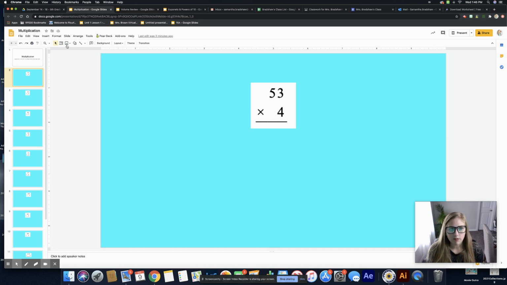When I'm solving these, the first thing that I want to do is pretend that this digit right here is not there. So I'm going to cover it up and solve 4 times 3. Well, I know 4 times 3 is 12. So I'm going to put my 2 and carry my 1 up here. Now I have 4 times, well, in order to figure out what I'm multiplying by, I have to uncover that number.